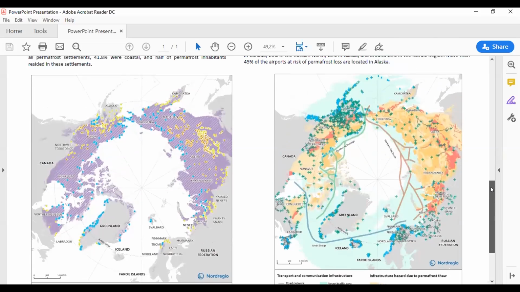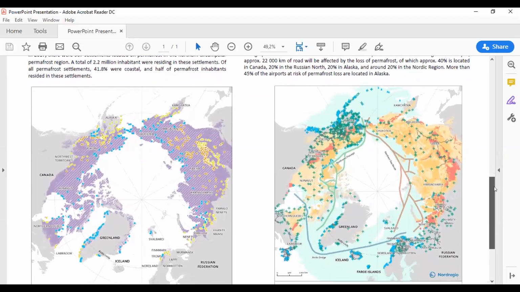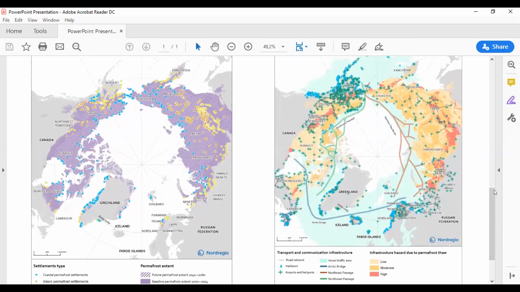And in the map that you see on the right, we looked at the impact of permafrost thaw on the infrastructure in the Arctic. The background layers on the map in orange, yellow, and red show areas with a potential risk from permafrost thaw. Red areas show high risk for infrastructure.